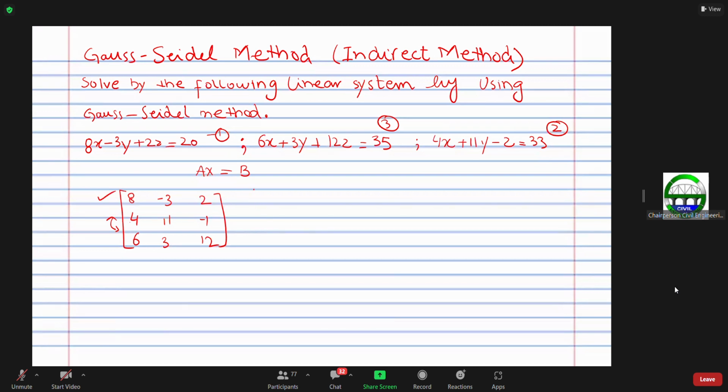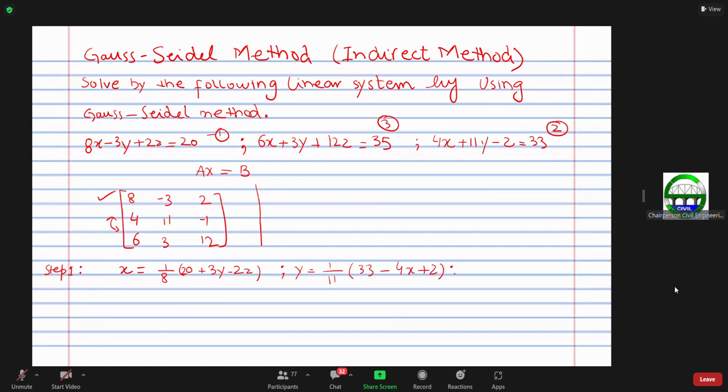So again, in first step, I will find the value of x, y, and z. My x will be equals to, from this equation, 1/8 of 20 plus 3y minus 2z, and my y is equals to 1/11 of 33 minus 4x plus z.